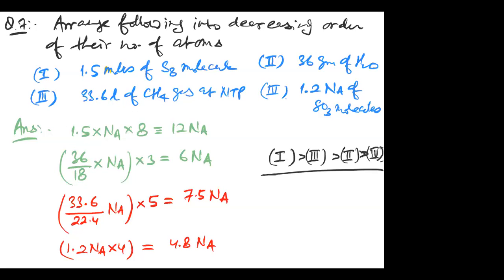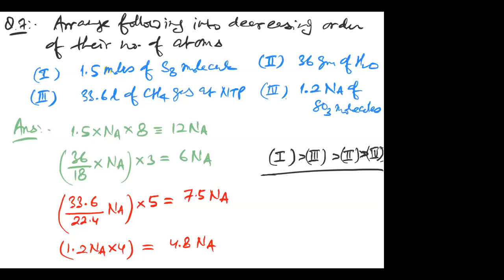I'm repeating the complete calculations once again. To arrange in decreasing order of number of atoms: 1.5 mole of S8 is 1.5 into 8, which comes out to be 12 Na. 36 gram of water is 36 divided by 18 into 3, which comes out to be 6 Na. 33.6 divided by 22.4 into 5 comes out to be 7.5 Na, and 1.2 Na into 4 comes out to be 4.8 Na.